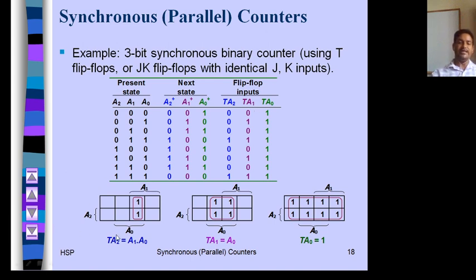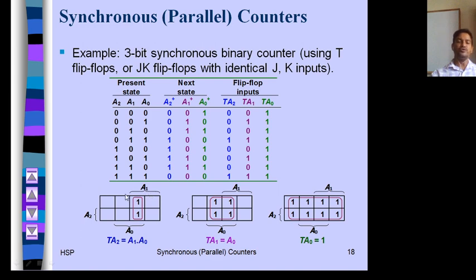First we will solve TA2. Okay, what is TA2? TA2 is 1 and 1. This is 1 pair, so it will be A1 A0. Okay, this is your A2 bar, this is A2, this is A1 bar A0 bar, this is A1 bar A0, this is A1 A0, this is A1 A0 bar.